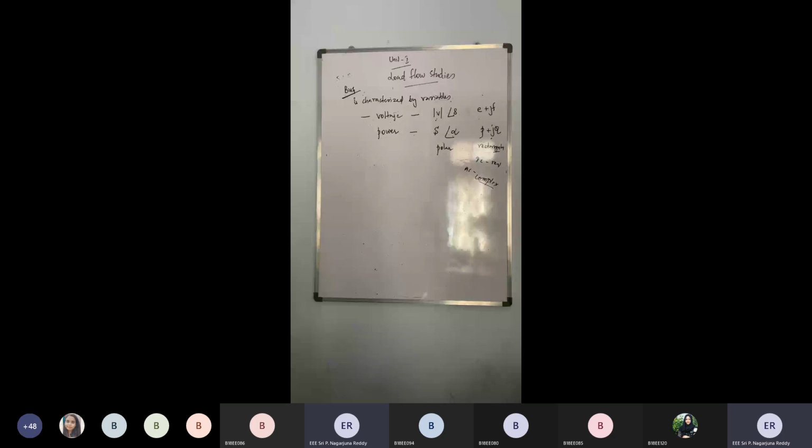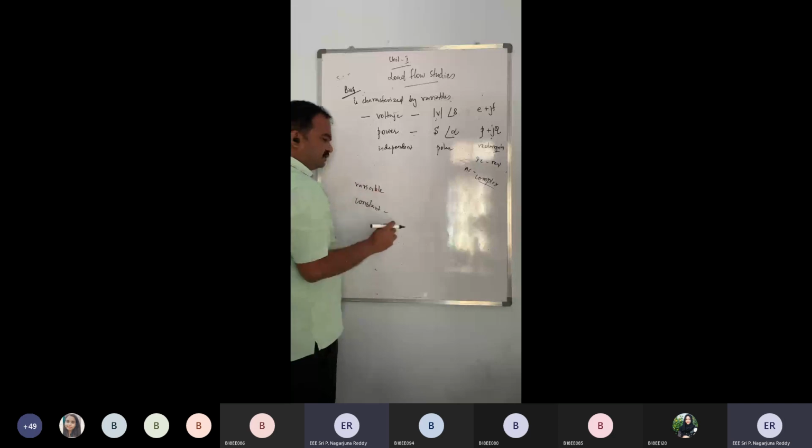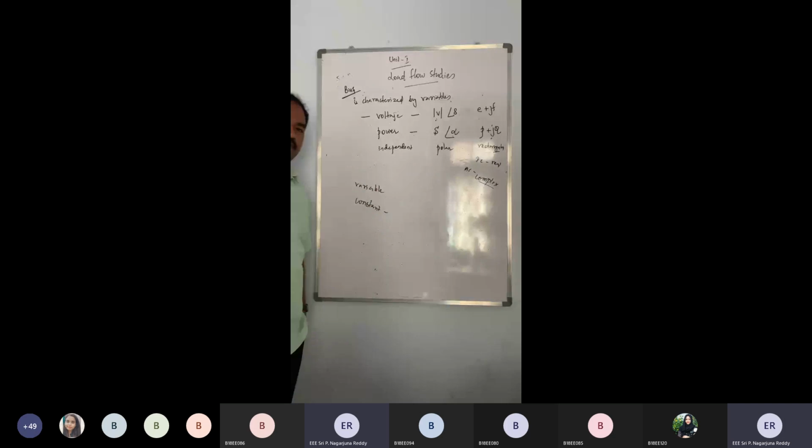So then why is current not considered as a variable? These are considered to be independent variables. In 10th class itself, you might have heard about variable and constant. What is the difference between a variable and a constant? A constant has a fixed value. A variable will have a value which is continuously varying, isn't it?